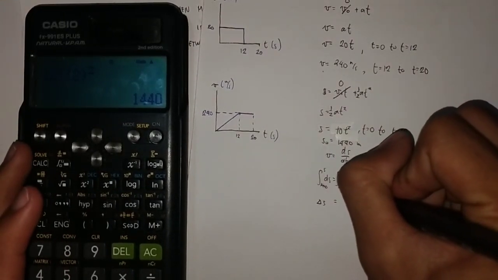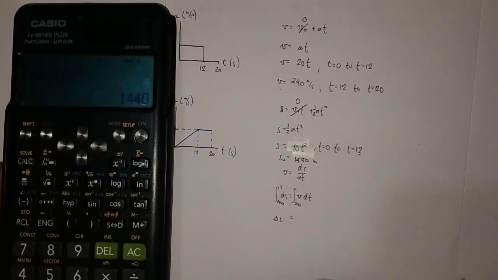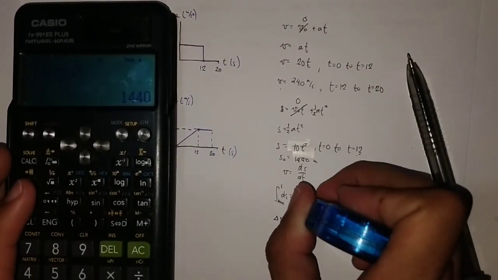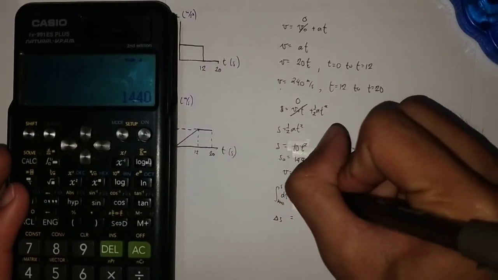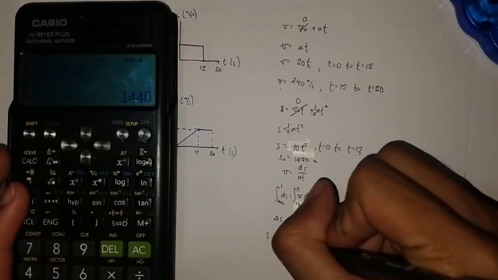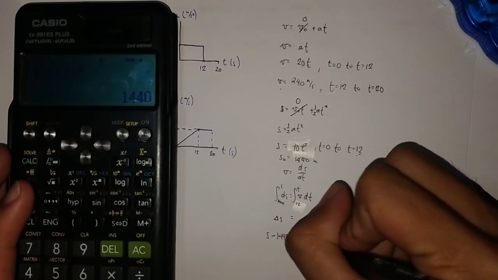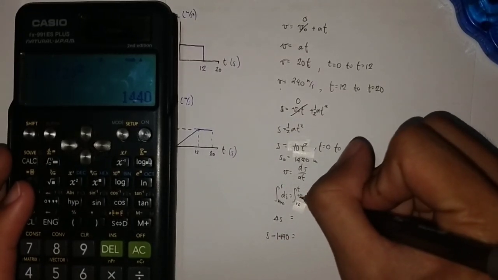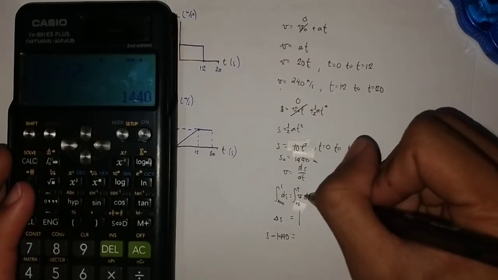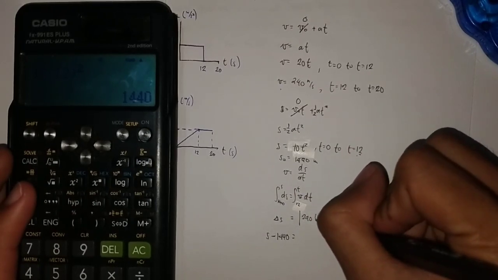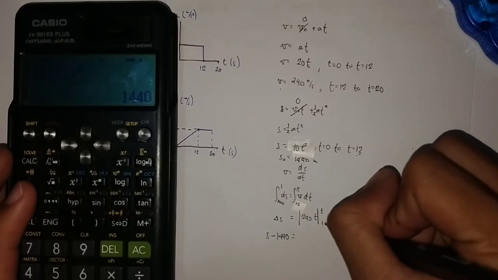For v, our velocity is 240. Oh no, sorry, the limit here is time. Therefore, the time is 12 to t. We have s minus 1440 equals your v, 240, integrated with limits of 12 to t.